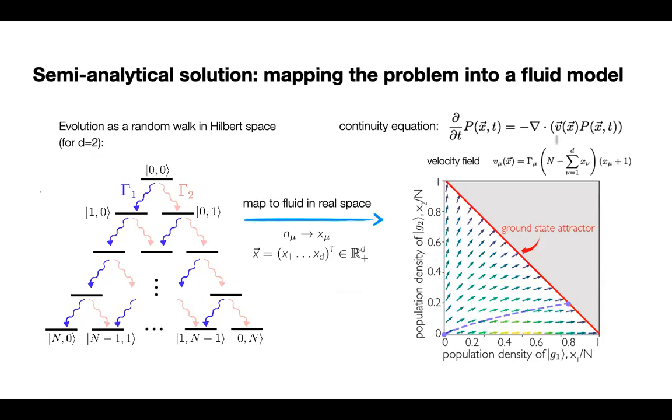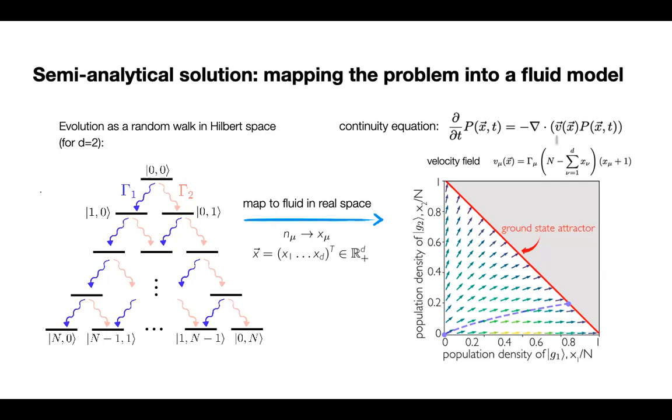So actually this, maybe I should have rotated it, but basically you can think of the rate equation I showed you before as a continuity equation for a fluid with a velocity field that changes. And now you have to solve this equation, which is also not easy. Sadly, shockingly, it's the same equation. So the first one wasn't easy. This one is also not easy. It's actually worse because now it's like a PDE.